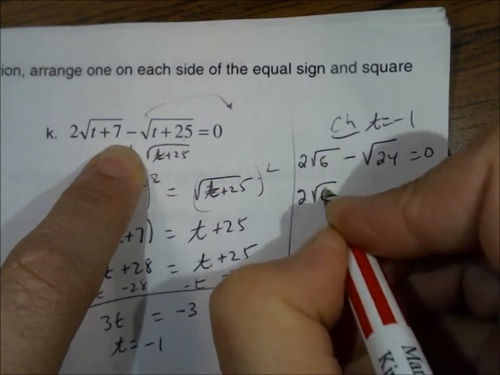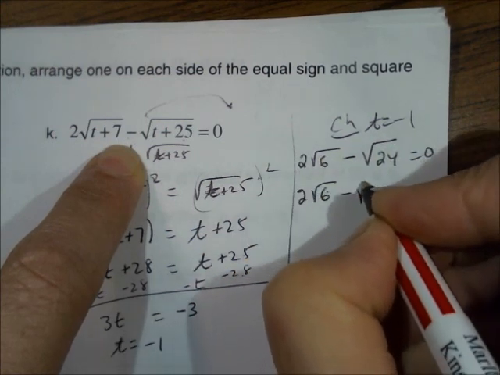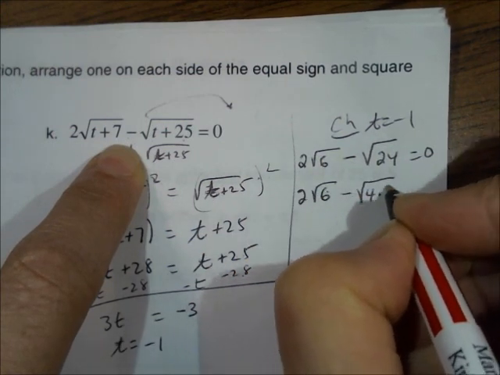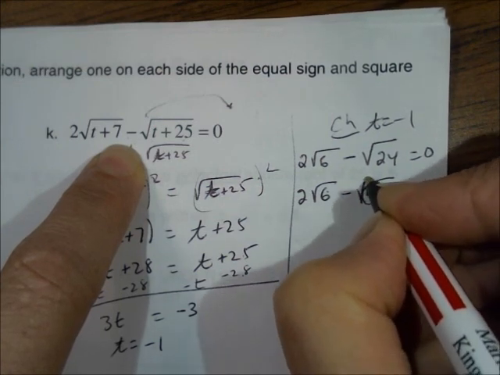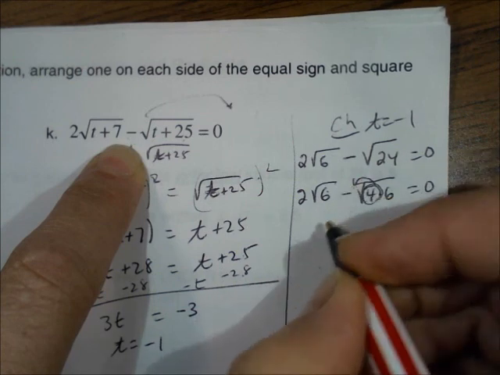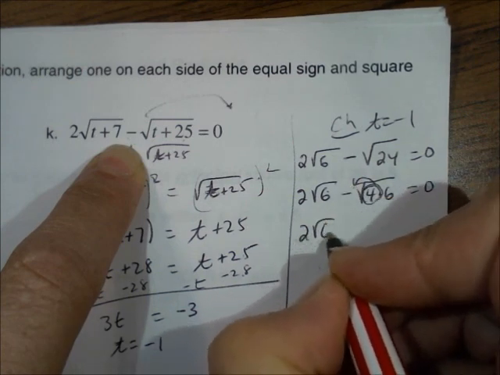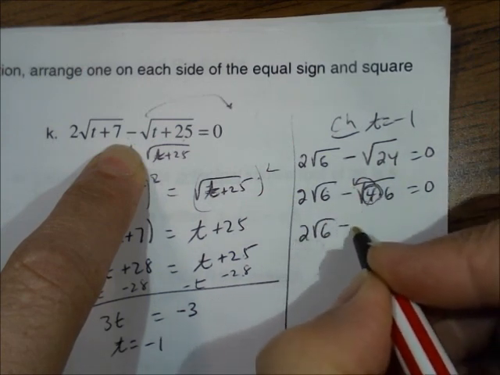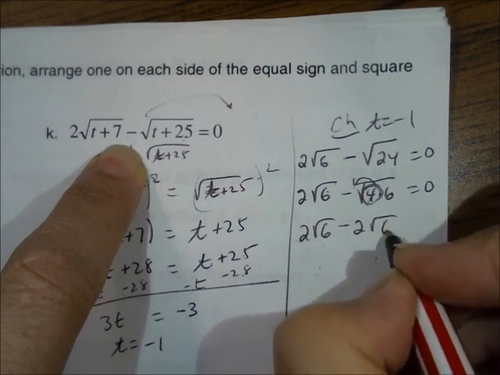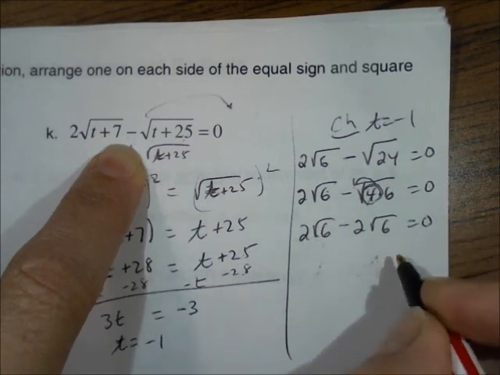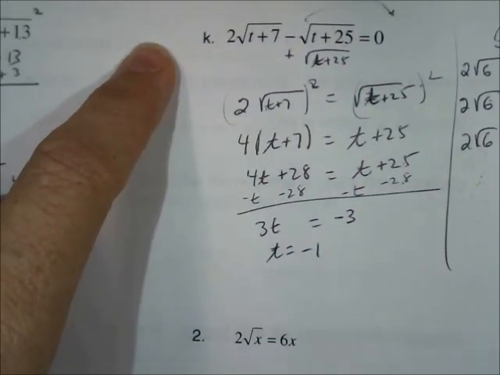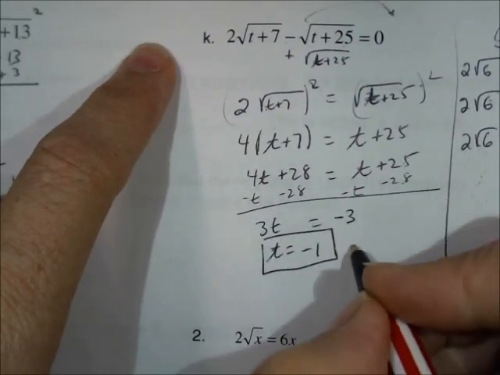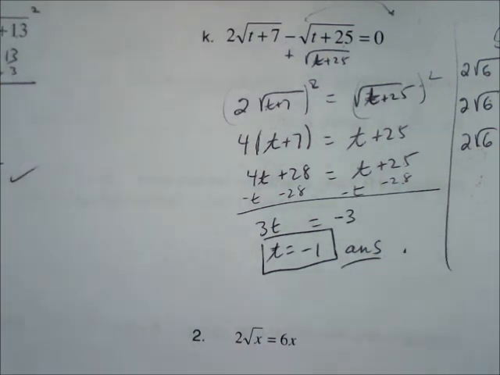Well, the square root of 6 can't be simplified, but 24 simplifies into 4 times 6. And when you reduce the square root of 24 down and pull that 4 out, we're going to get 2 square root of 6 minus the square root of 6. We're left with the square root of 6. And when you subtract anything from itself, you get 0 equals 0, so that one checks. So t equals negative 1 is the answer to that problem.